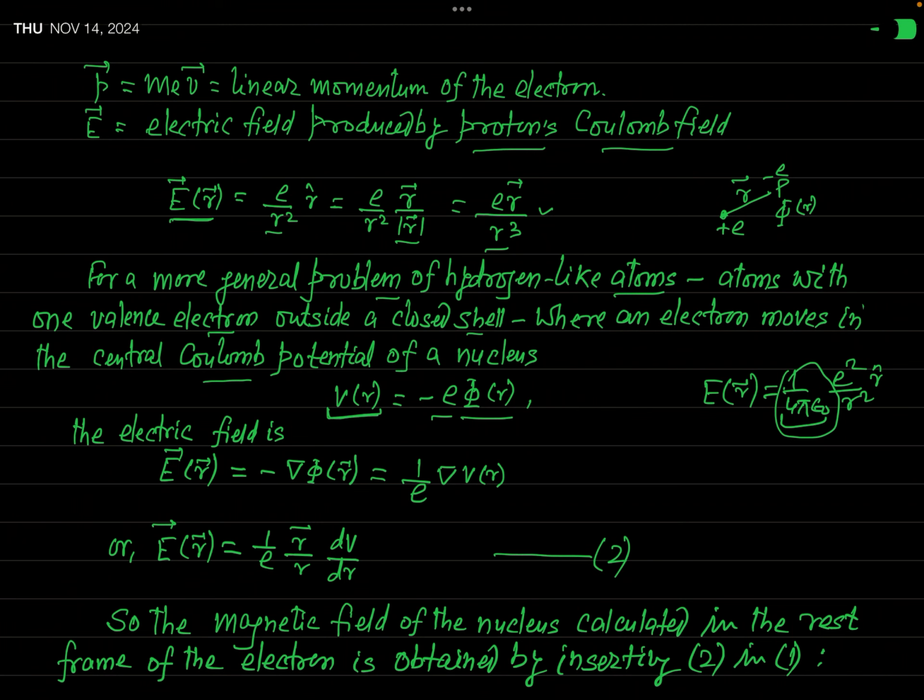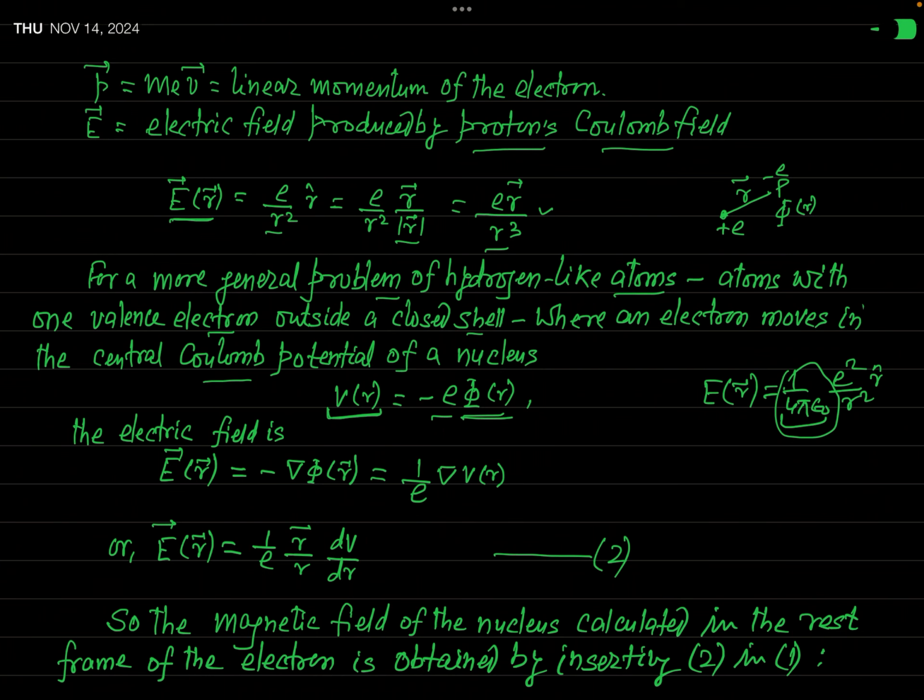So this V of R represents the potential energy, although quantum physicists use the term potential instead of potential energy. But here phi of R is the scalar potential, and V of R is the potential function or potential energy function.